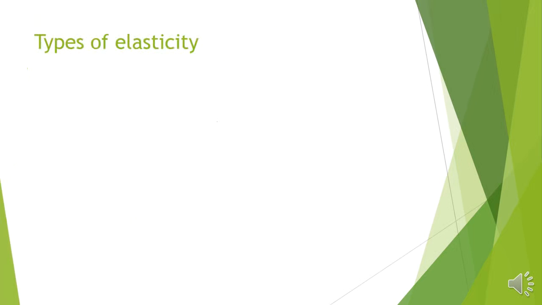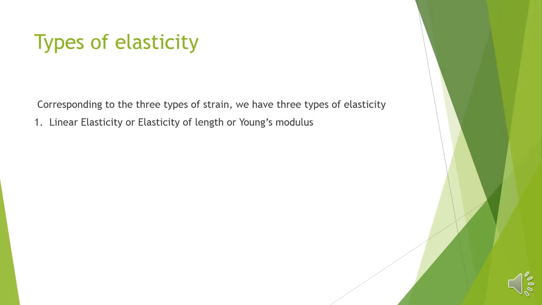Types of elasticity. There are three types of elasticity corresponding to the three types of strain. First one is Young's modulus, also known as elasticity of length or linear elasticity, but popularly we call it Young's modulus.